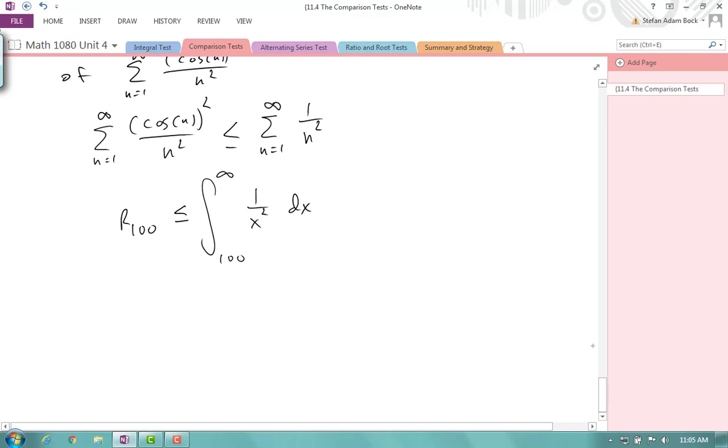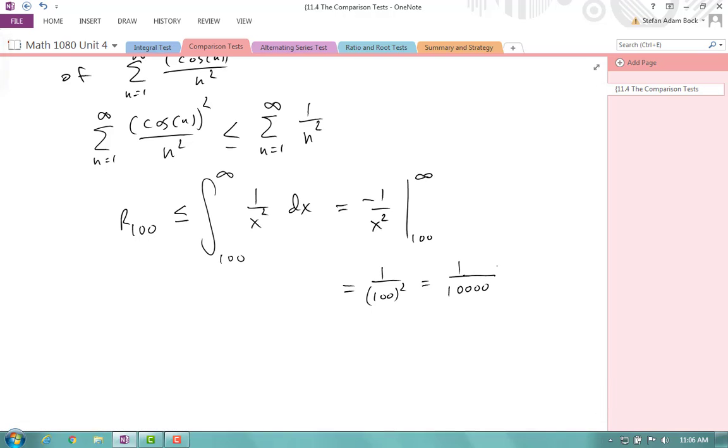This evaluates to, it's x to the negative 2 power, so this is negative 1 over x squared, cheating the improper integral again. I end up with 1 over 100 squared, which is 1 over 10,000. So if I use 100 terms, I'm going to get at least 4 decimal digits.